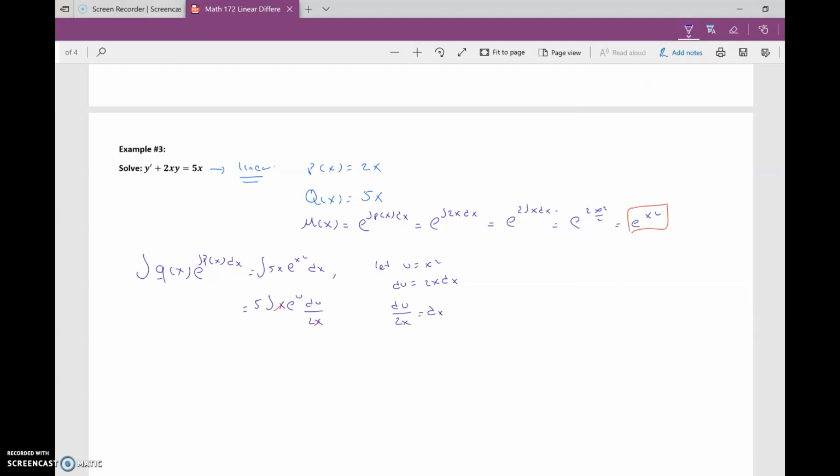And we're left with 5 times the integral of e to the u du, or 5 halves e to the u. And this is the one where we typically put the c. So this will be 5 halves e to the x squared plus c.